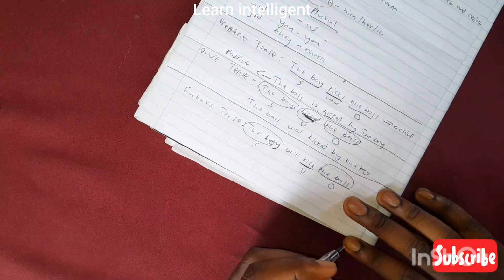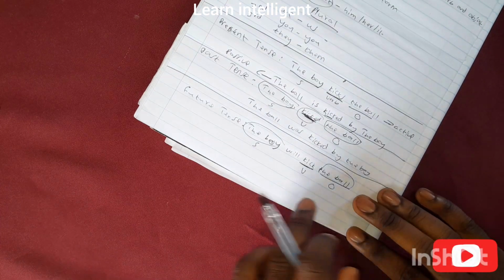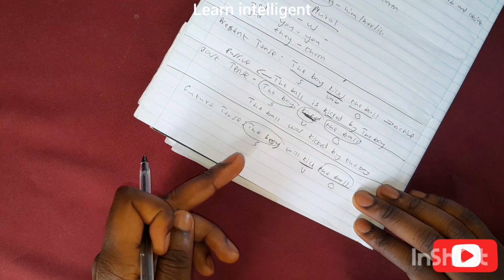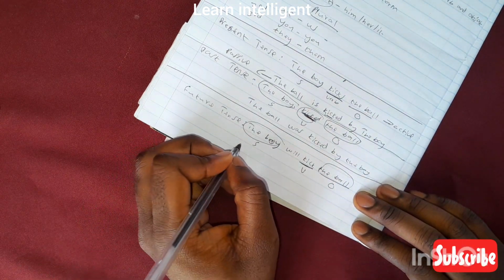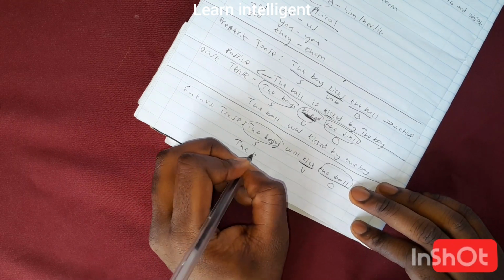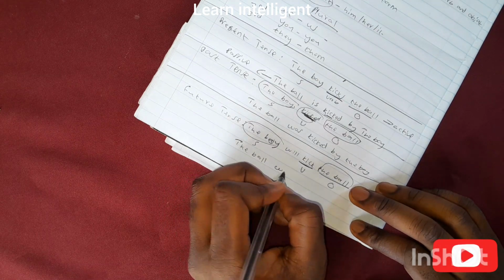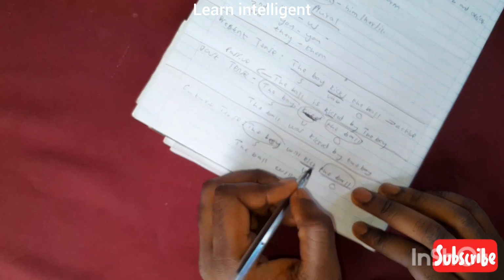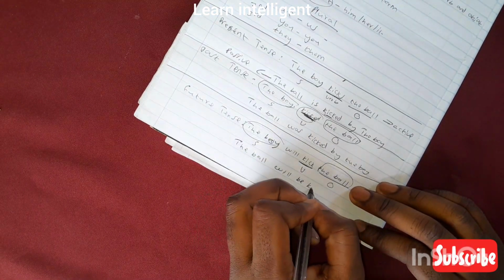When we change this sentence to passive, we begin with the object: the ball will be kicked by the boy. The verb must be in past tense.